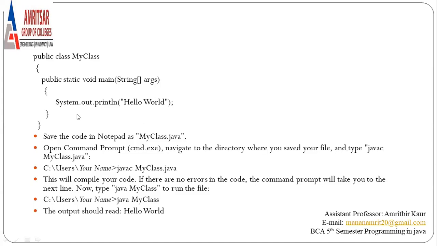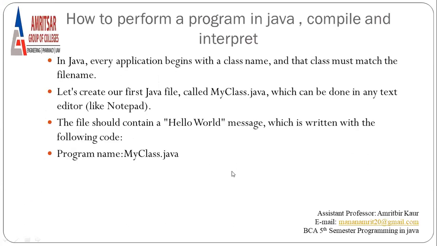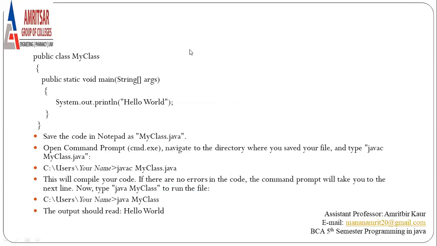So after saving the program, we will open command prompt. In command prompt, firstly, we will compile our program by using javac, which is the Java compiler. For compiling, we use this command: javac, then the program name.